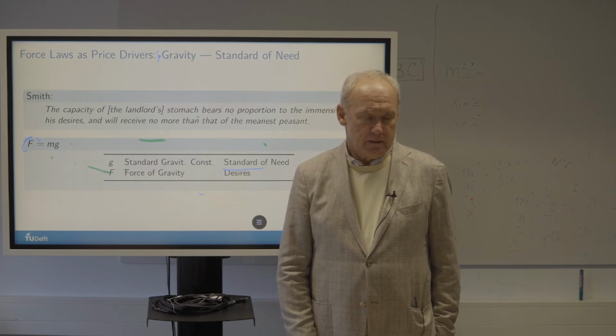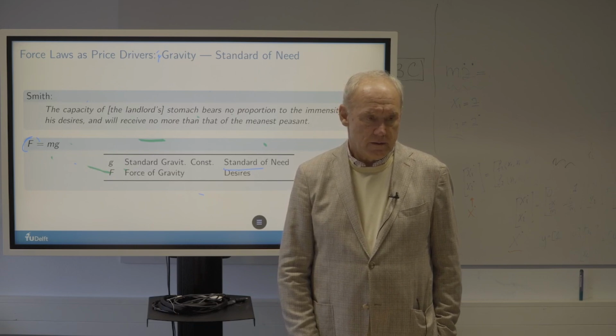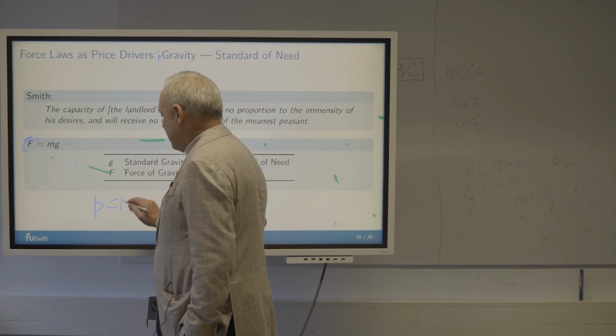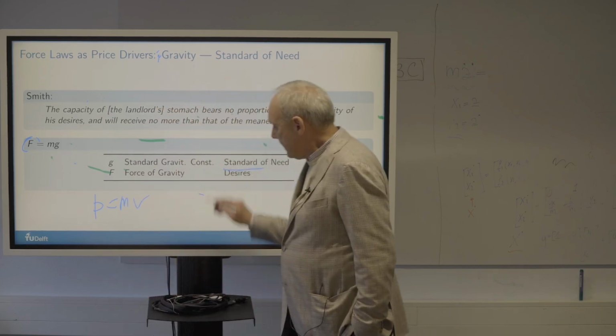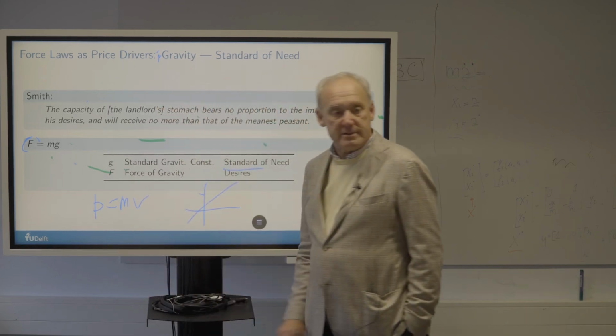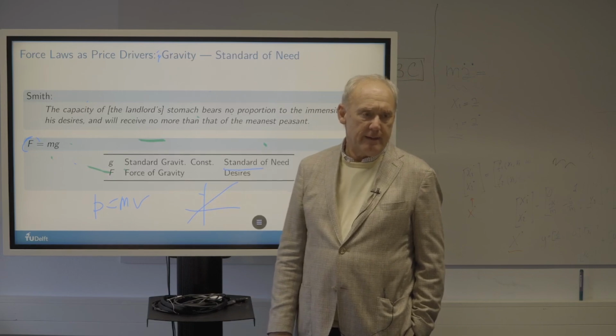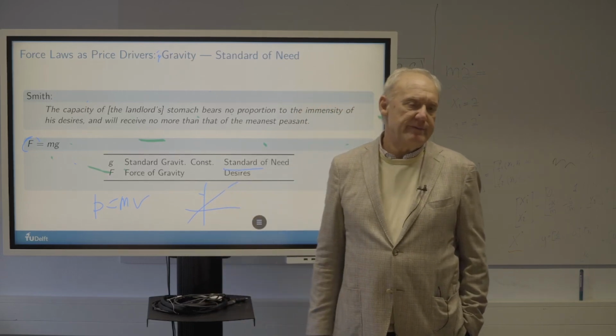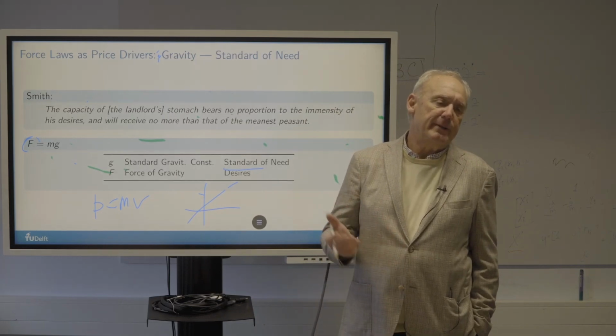So the mass is how rich you are, basically. It's your price inelasticity. If you look at a demand and supply graph, it's the slope. Now, if you're rich, maybe your slope is going to be very different. That's the implication.